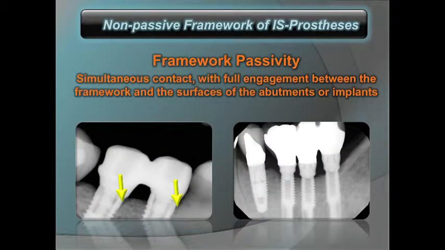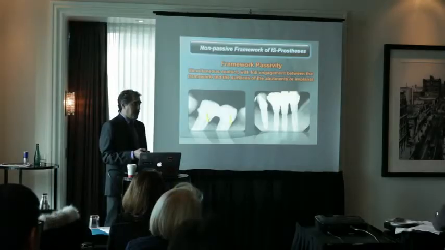Next is about the framework passivity. That is a very important thing again. As you can see in this picture, the arrows are a little bit lower, but here there is a little bit of space between the abutment and the implant, and it's mostly not because it's not completely seated, it's because it's not fitting properly.